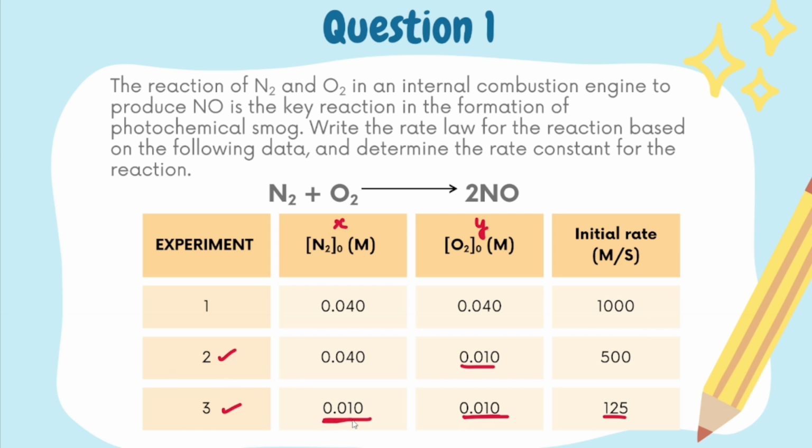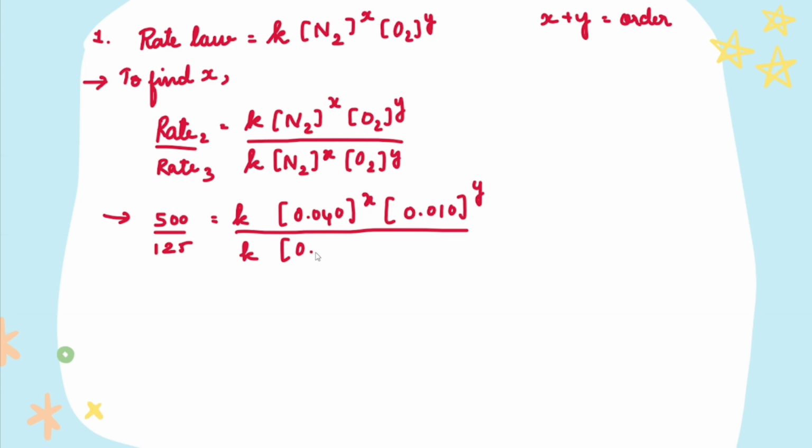It is the multiplication of the concentrations of N2 and O2, right? We are just going to substitute the values. We are not going to change the proportionality constant or the powers x and y.